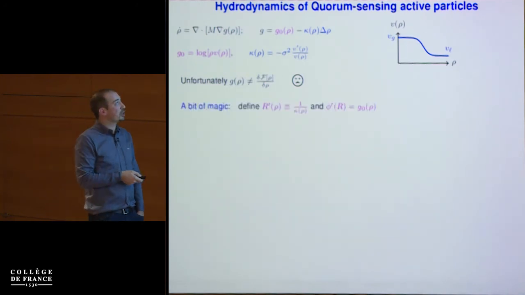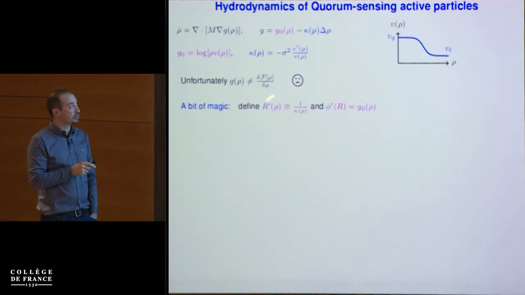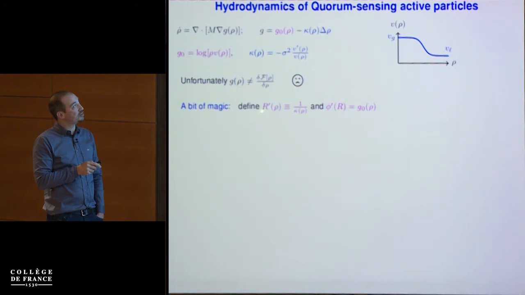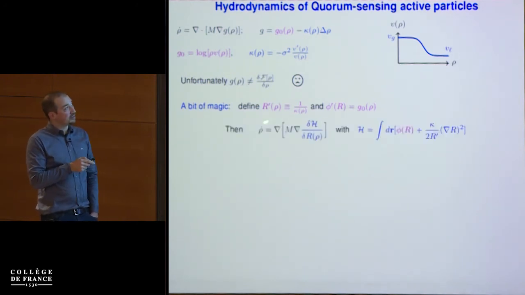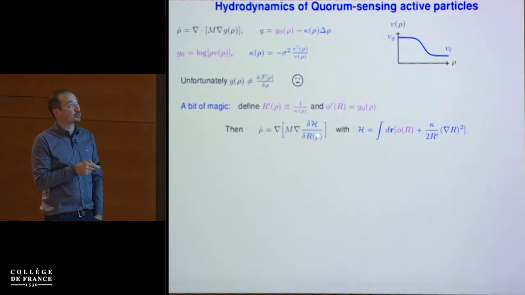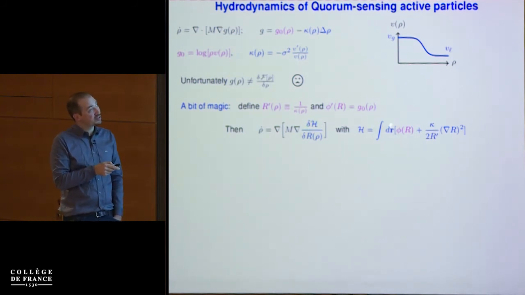There is a miracle which happens for this system, which is that you can do a change of variable. You can introduce a new variable r of rho, and if you choose r defined as 1 over kappa, where kappa is the coefficient of this term, then it turns out that the dynamics is not written as the derivative of free energy with respect to rho, but as the derivative of a free energy with respect to r, where this free energy has the same form as before.